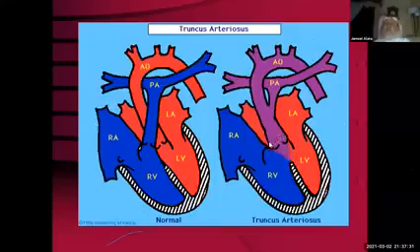That's why you almost never see truncus arteriosus with significant cyanosis. There are some cases where you may have issues, but they usually come to us with a good saturation of 92, 94, or 88, and heart failure, obviously. Why is it heart failure?